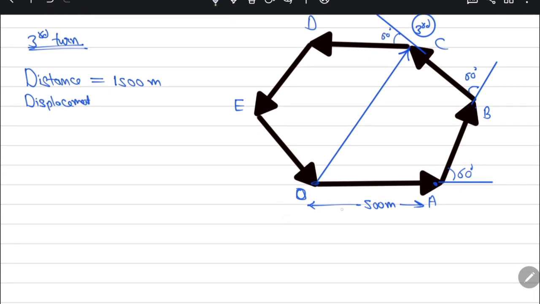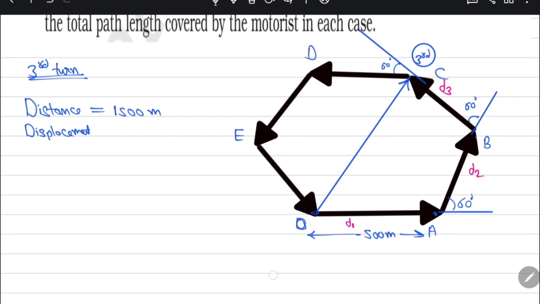How do we find displacement? Let me give the names. This is d1, this is d2, this is d3. Let this displacement d1 be basically 500 i cap, and what about this?